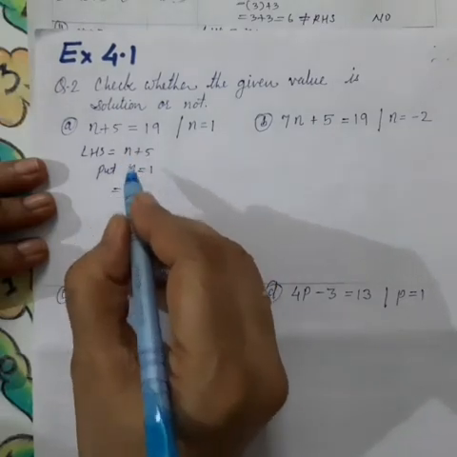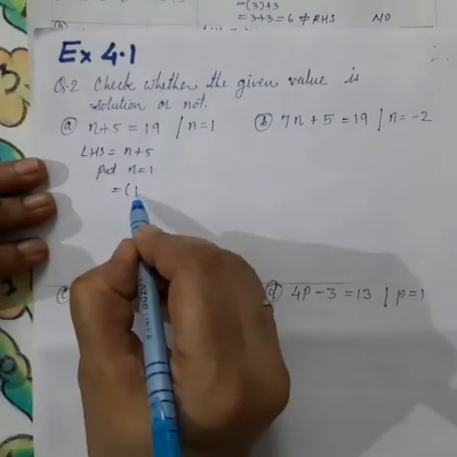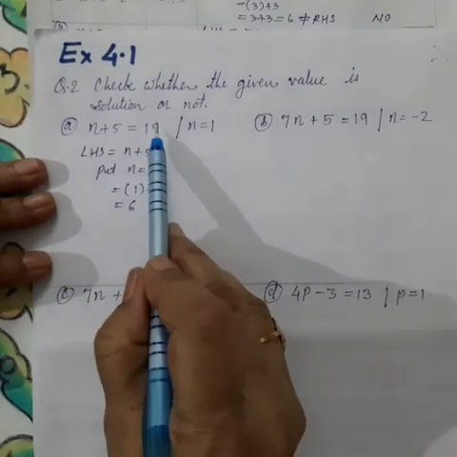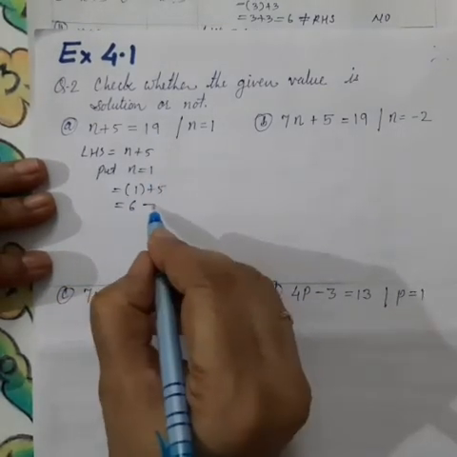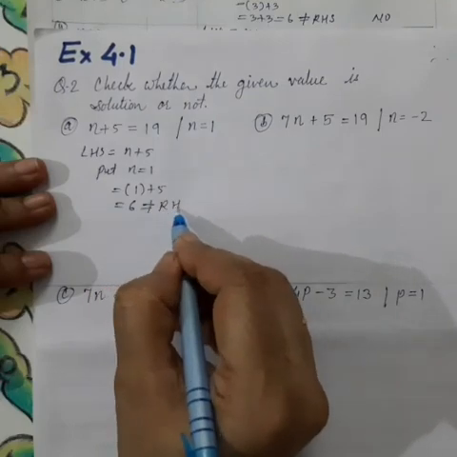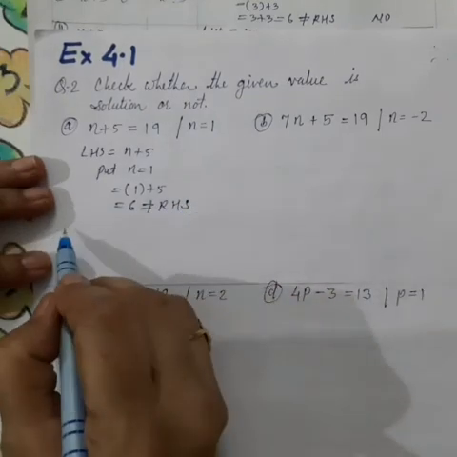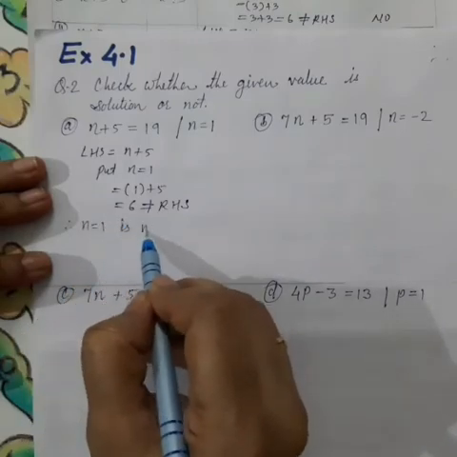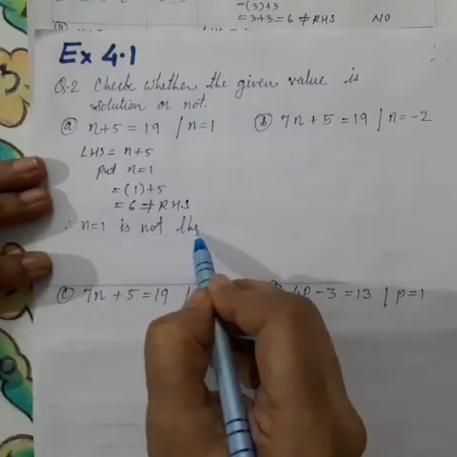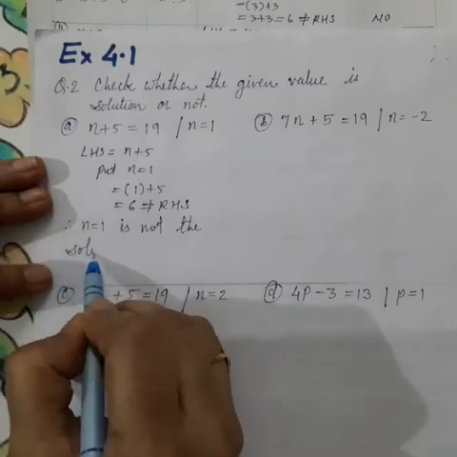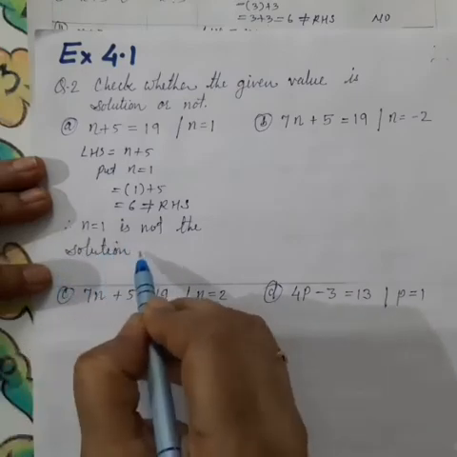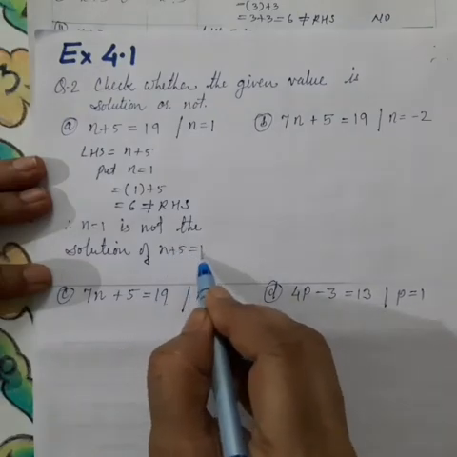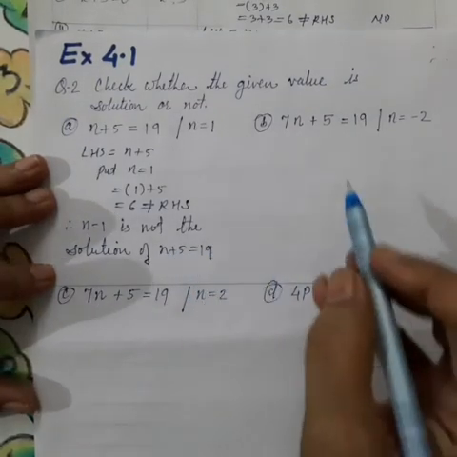So at the place of n we will put 1. 1 plus 5 is 6, but our right hand side is 19. It is not equal to our right hand side. Therefore, n equal to 1 is not the solution of this equation, n plus 5 equal to 19.